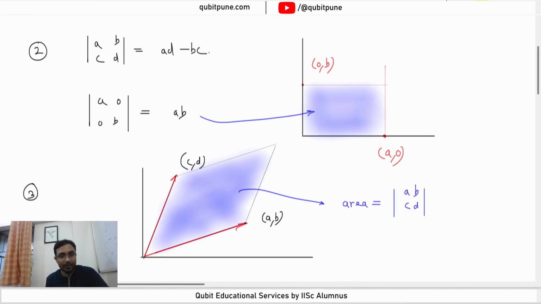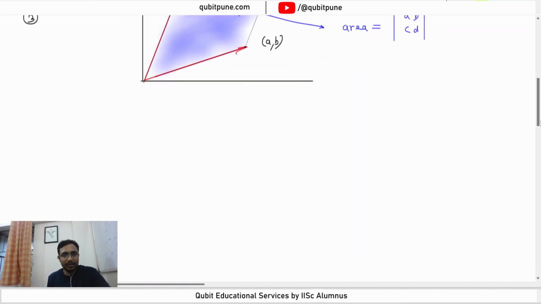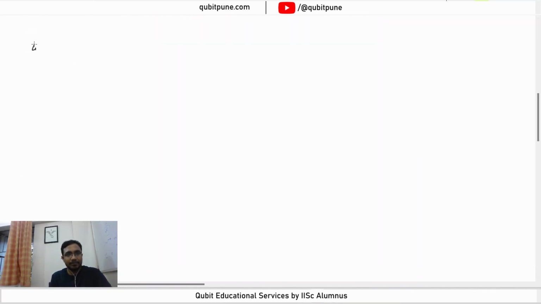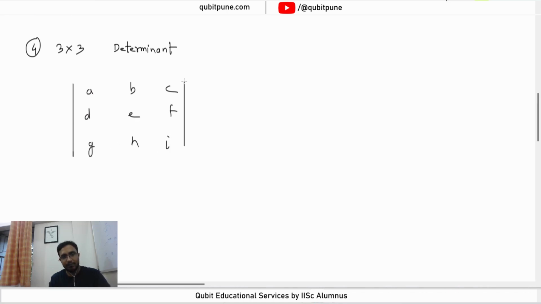Okay. Let us now go to a 3 by 3 determinant. You already know how to expand it, right? I don't need to repeat it. Or should I write it for the sake of it? It's okay, fine.